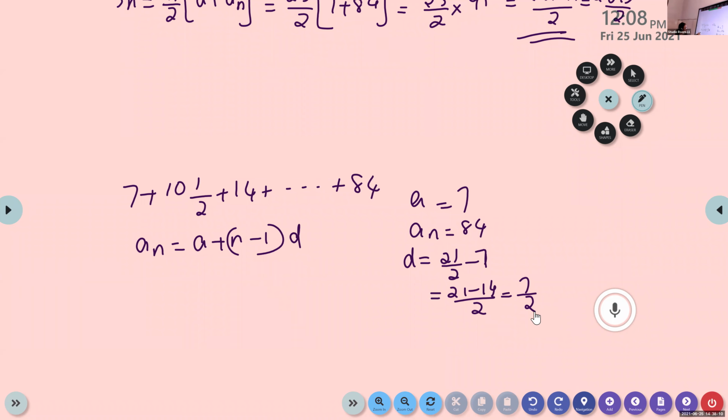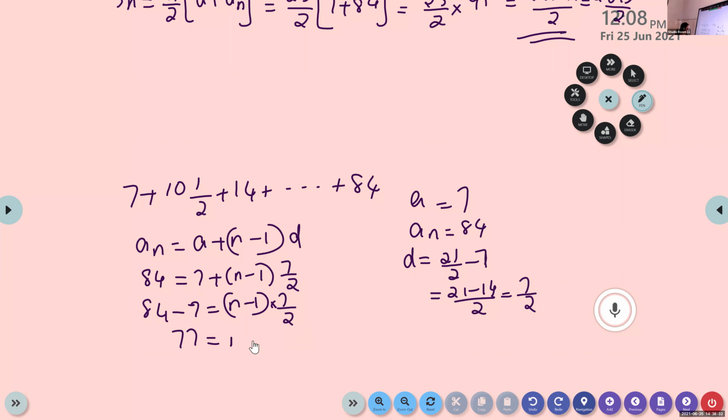Now substitute: 84 equal to 7 plus n minus 1 into 7 by 2. 84 minus 7 is n minus 1 into 7 by 2. 84 minus 7 is how much? It is 77, equal to n minus 1 into 7 by 2.